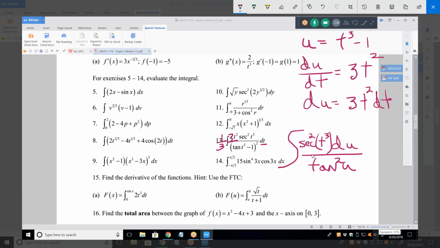Okay, what does that give us? Let's write it in a slightly better way: secant squared of t cubed times tangent to the minus 2 of u du.